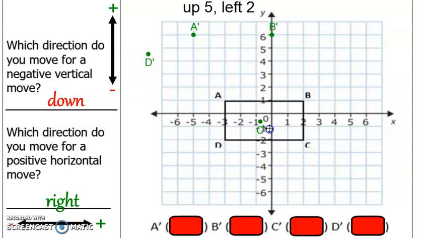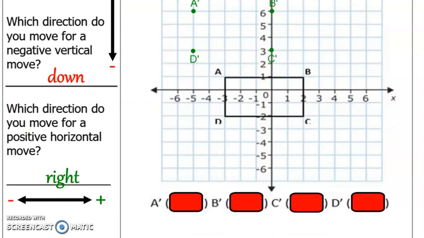And the same for C. Up 1, 2, 3, 4, 5, and left 2. And last but not least, D. So there's your new figure, A prime, B prime, C prime, and D prime.